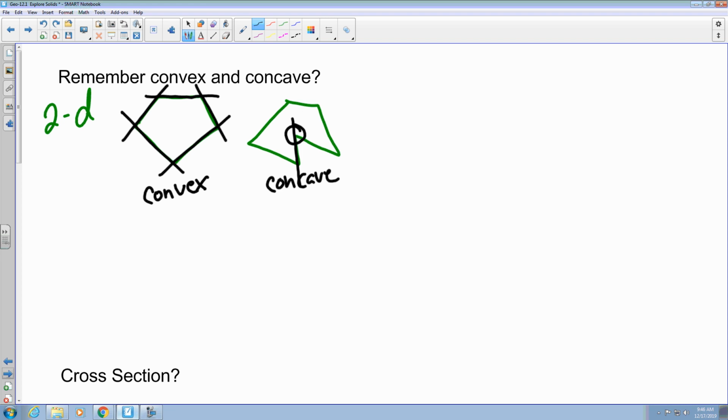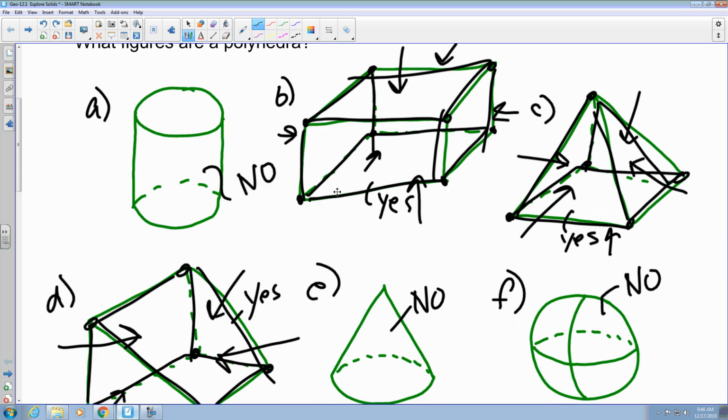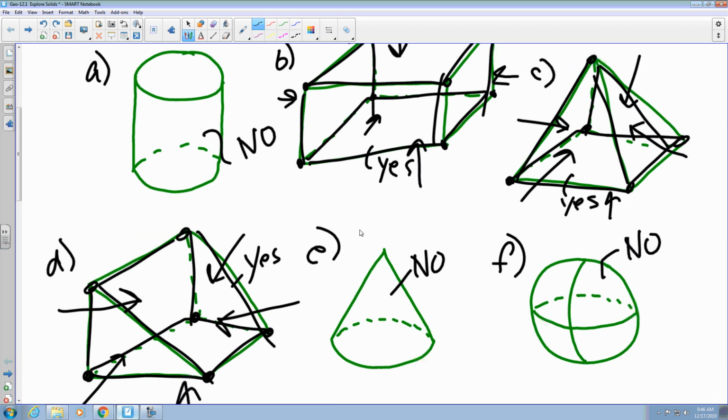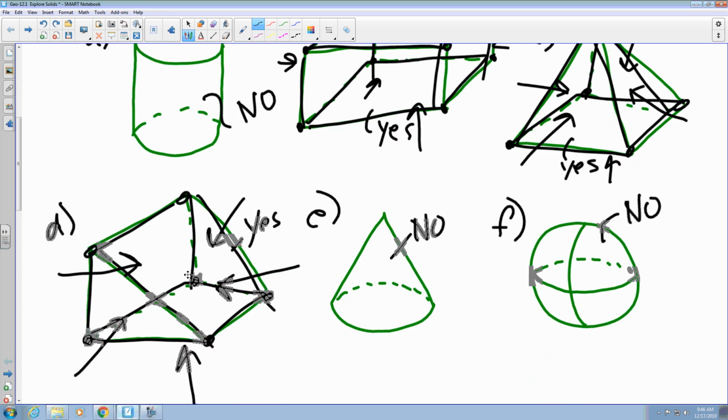So for example, all of the polyhedrons that we had here would be examples of convex 3D objects because there's nothing on any of these surfaces that would make it a concave polygon.